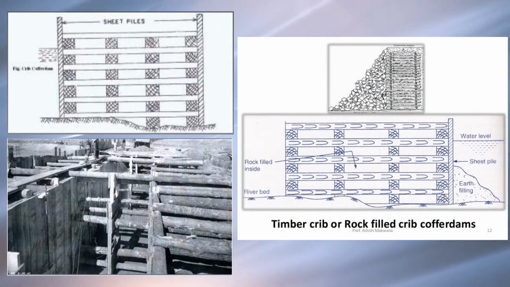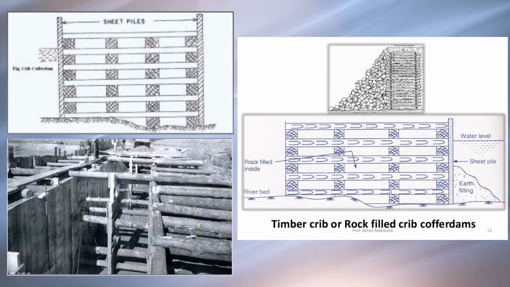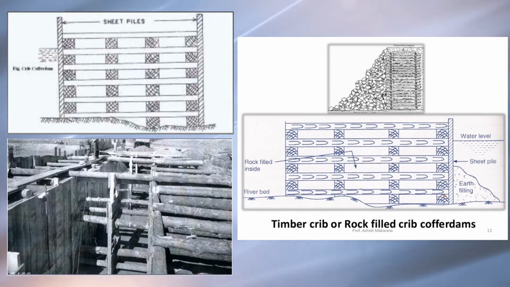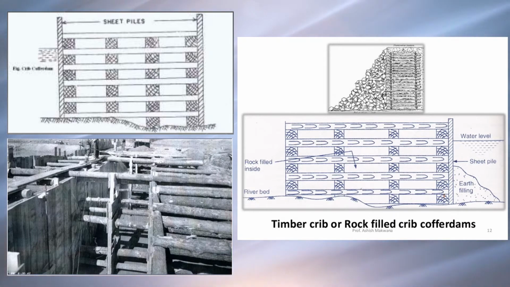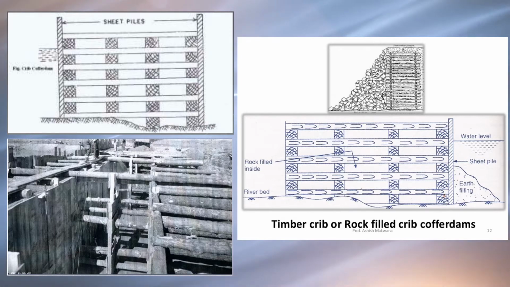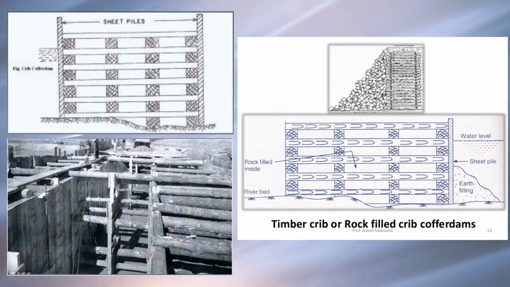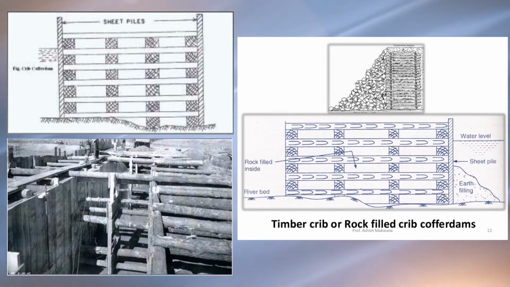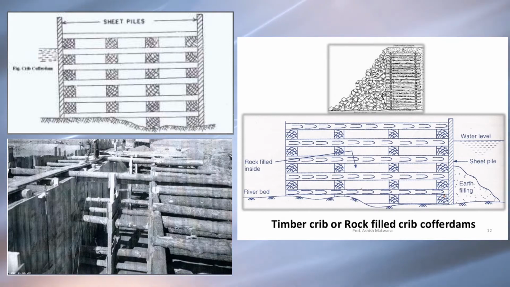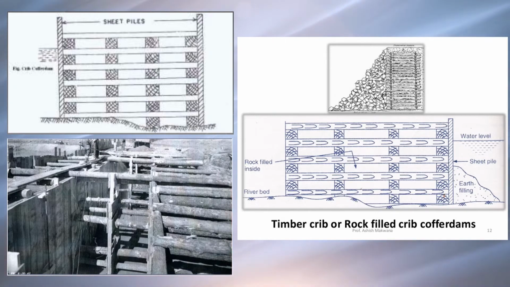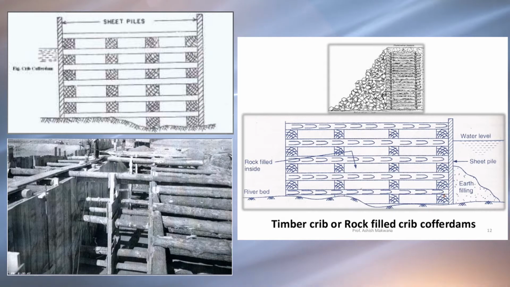The framework of the cofferdam, which is made from logs of wood, is prepared on ground and then floated to the side where the cofferdam is to be constructed. On the water side, the framework is provided with sheet piles. The creep is then sunk into position.